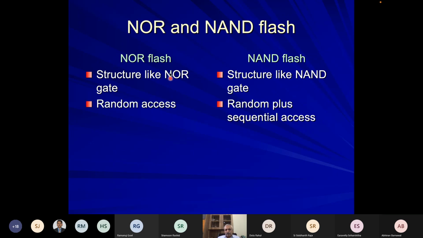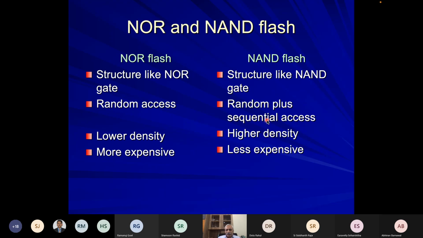NOR flash allows random access, whereas NAND flash allows sequential access. Partially random, partially sequential, because they are put in series, there is some kind of sequential access. NAND flash gives you higher storage density compared to NOR flash, and it is less expensive.